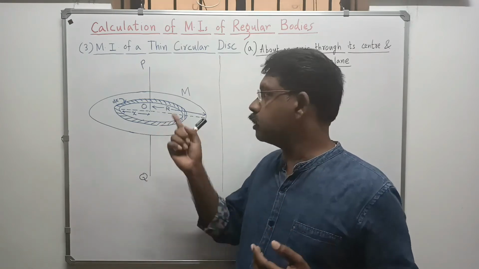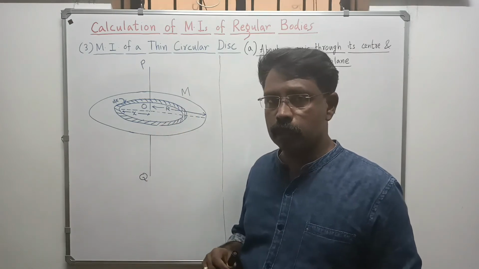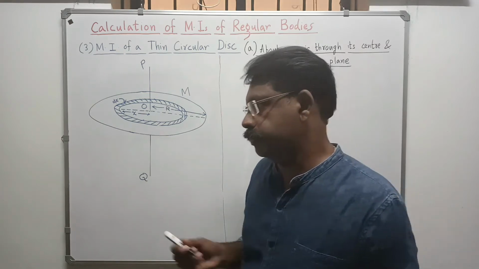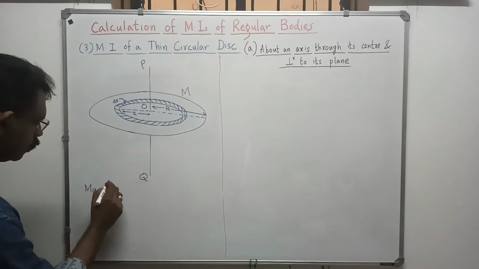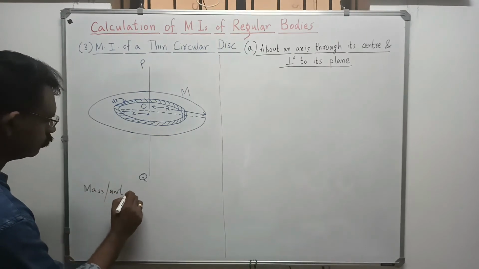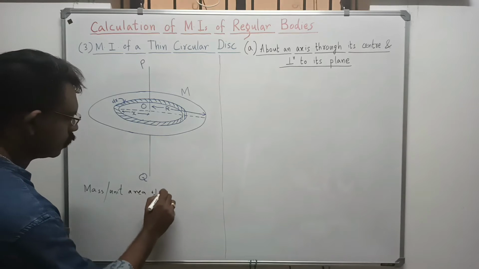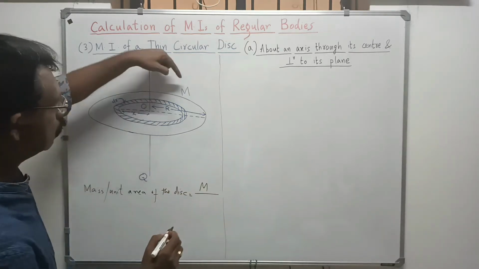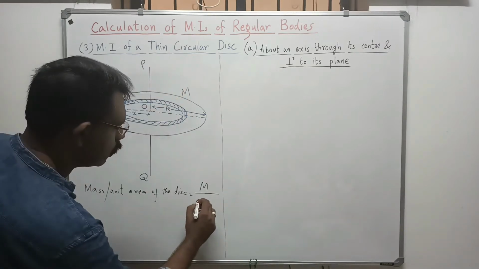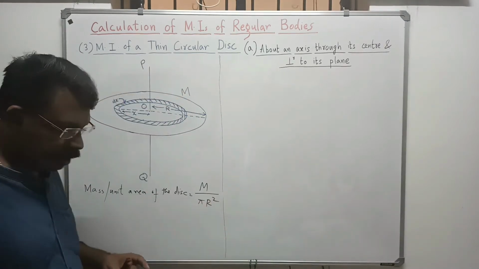Then total mass is capital M. So mass per unit area of the disk is M by pi R squared. So here I will write: mass per unit area of the disk is equal to total mass divided by its area, that is pi R squared.